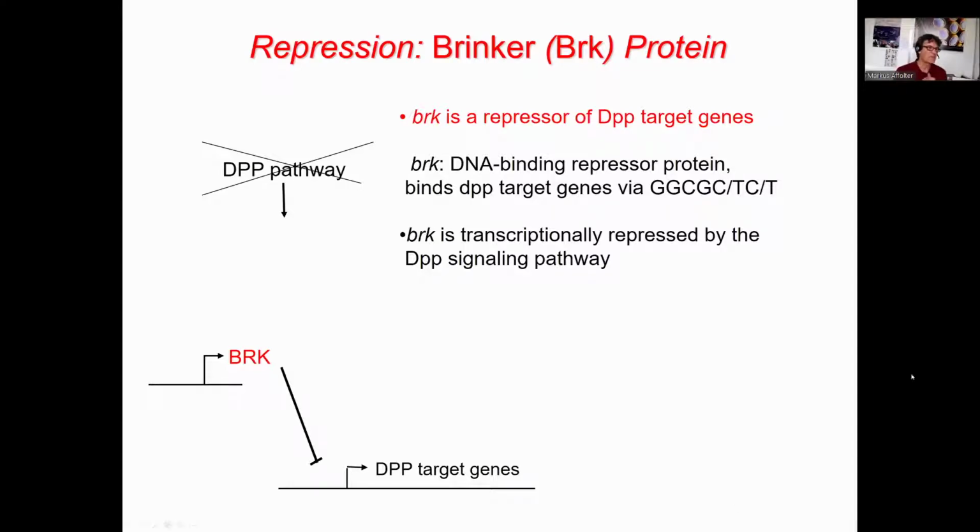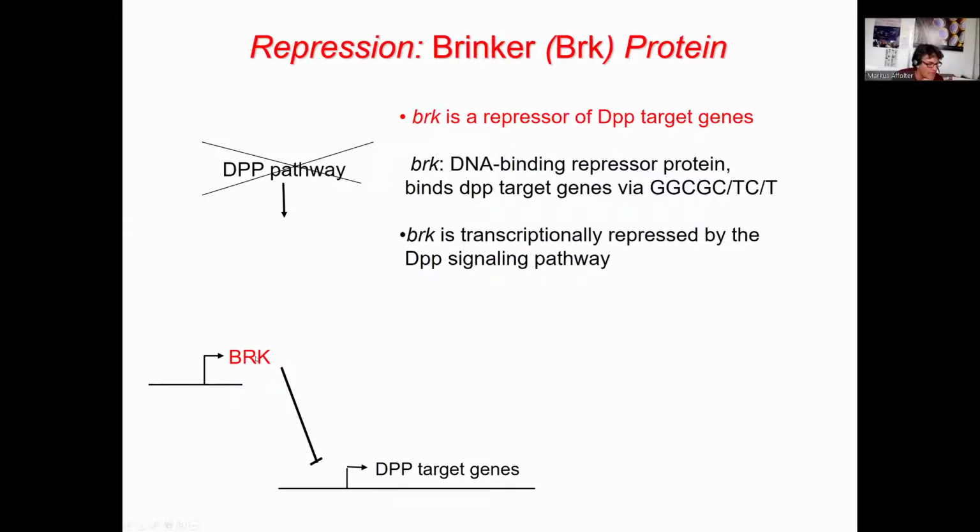So the DPP pathway, I told you before, when a cell doesn't see a signal, yes, it doesn't see the signal, but the nucleus doesn't really know. It also knows the SMADs are not there, and that might not be enough to really tightly shut down every DPP response gene. So in the absence of DPP signaling in any cell, if you remove DPP from an embryo, Brinker is always there.